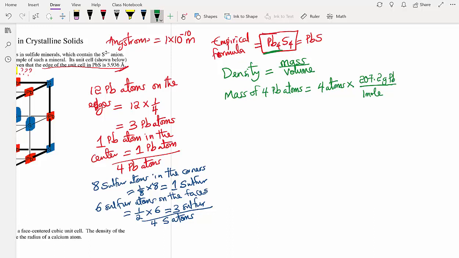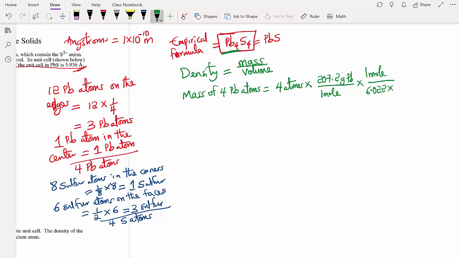If you check your periodic table, a mole of lead will contain how many atoms? 1 mole will contain 6.022 times 10 to the power of 23 atoms of lead.